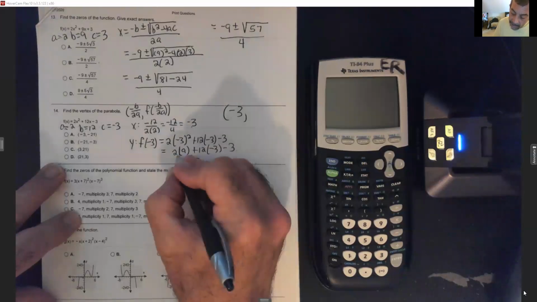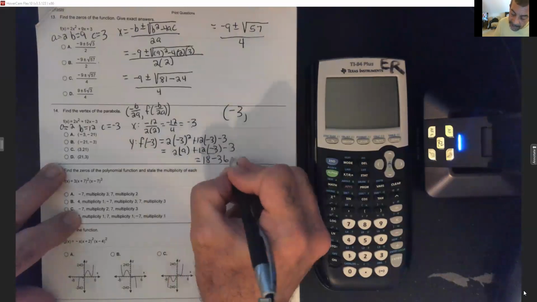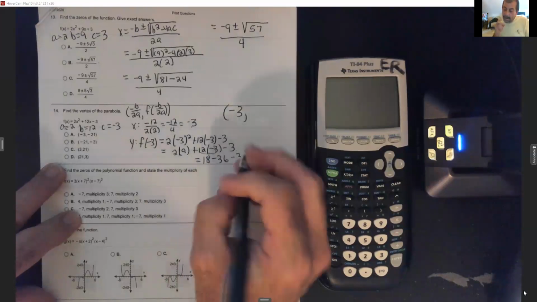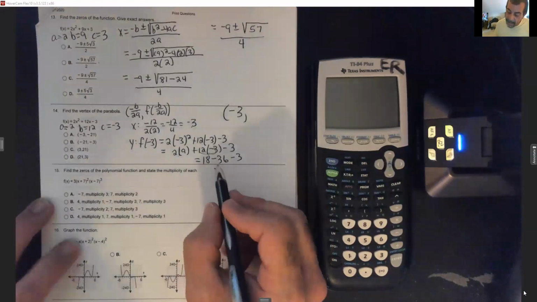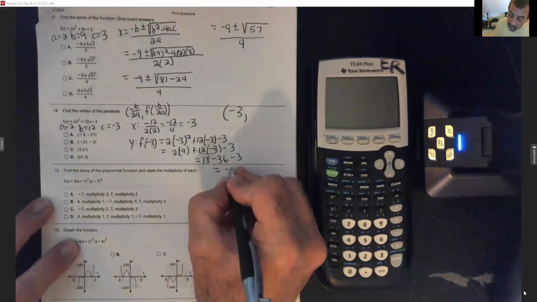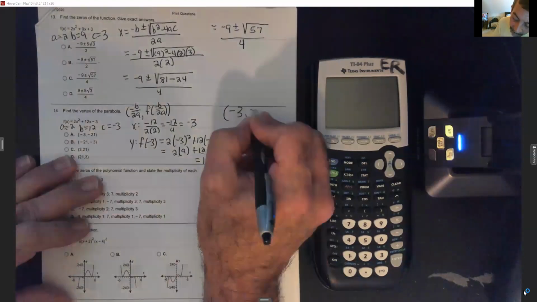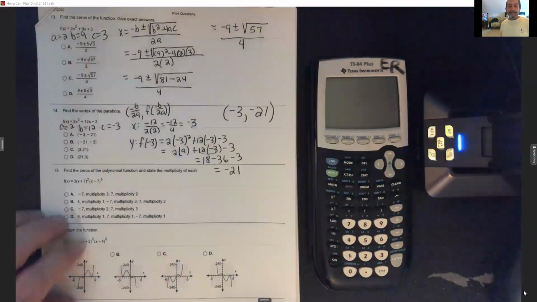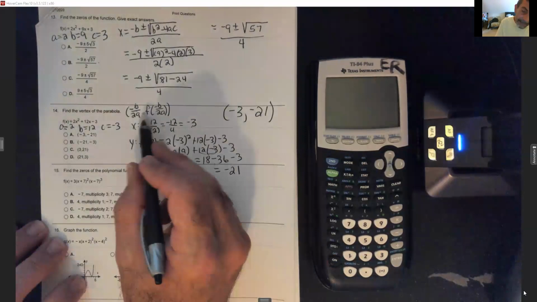That's going to equal 18 plus negative 36 minus 3. So for a final answer, that's going to give you negative 18, and negative 18 minus 3 is negative 21. So my y value would be negative 21. So you find what your x is, and then you plug that x into that function to get that y value, okay?